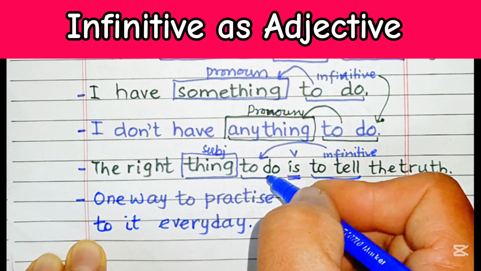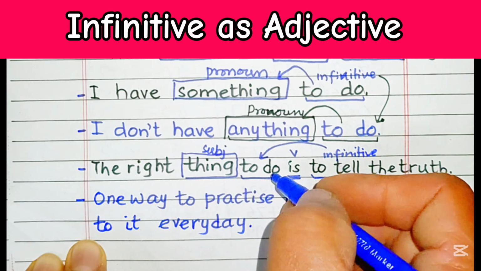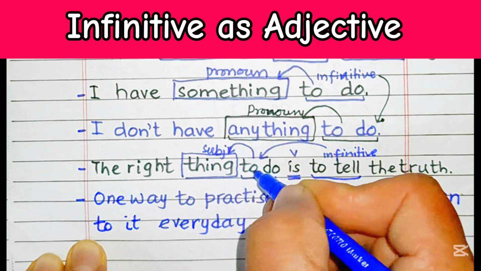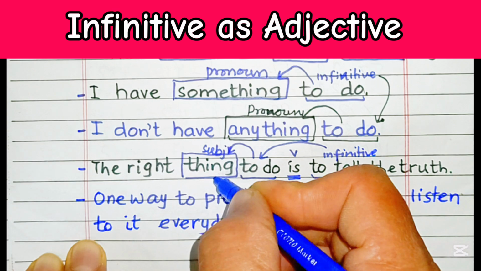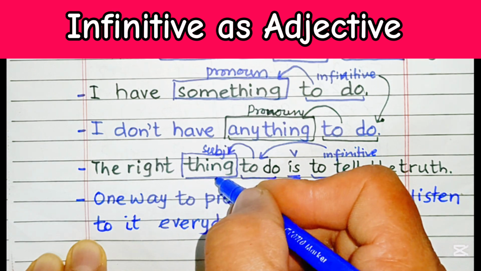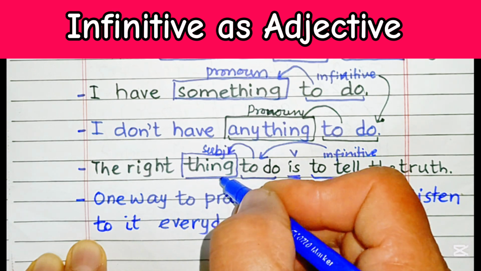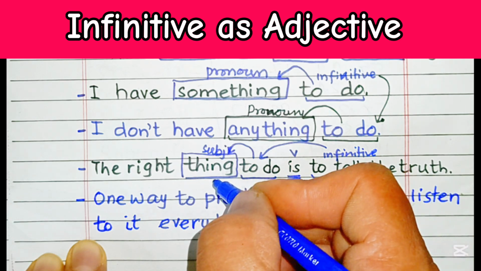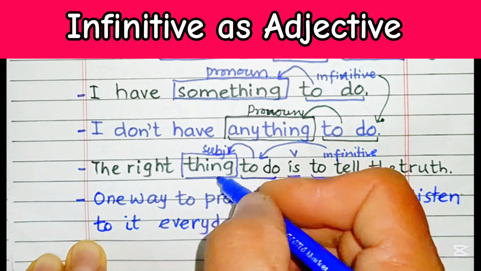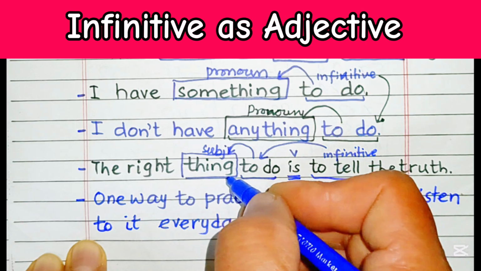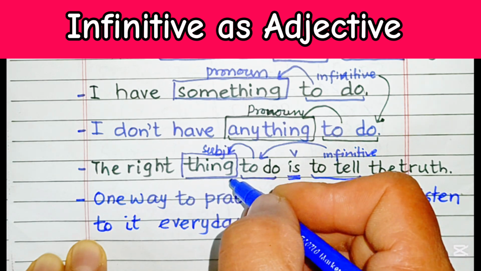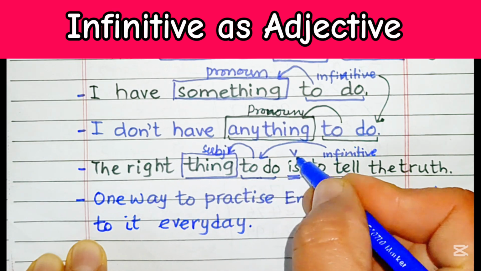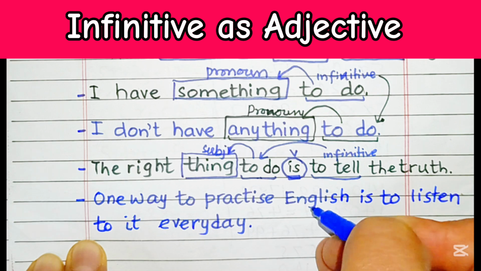So this infinitive to do modifies or functions as an adjective because this to do is modifying the subject, the noun thing. It's important to recognize the difference between the infinitive and the main verb. So this is the infinitive over here and this is the main verb is.